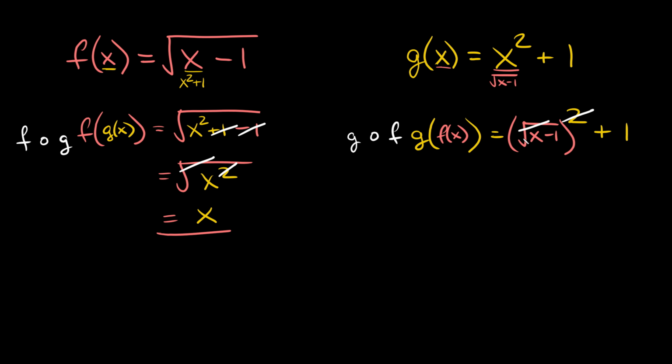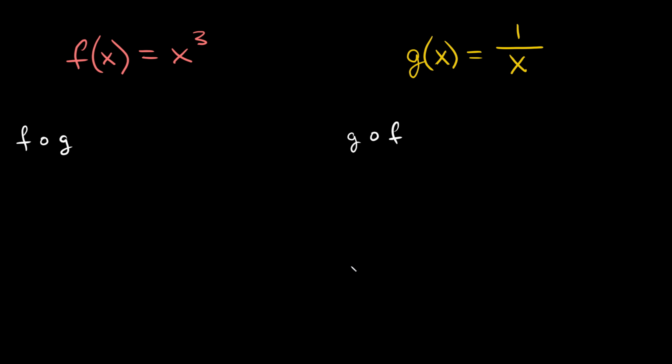So here this is going to be equal to x minus 1, and then we still have our plus 1 out here, right? So here, this minus 1 plus 1 kill each other, so we're simply left with, again, just, if I can get my colors right, x. Boom. All right, lastly, let's try one with a fraction.